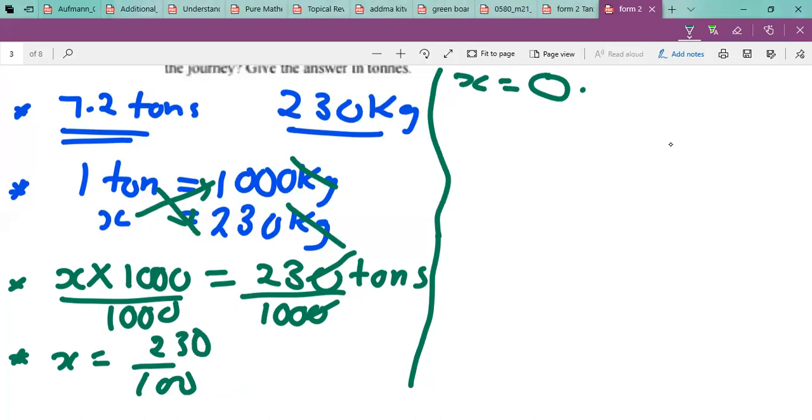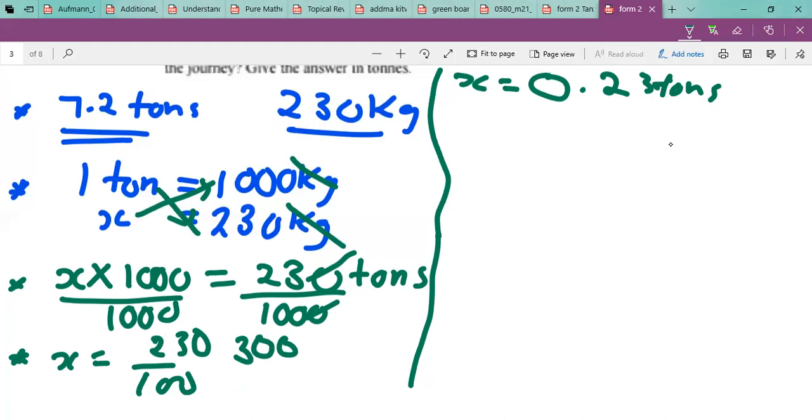So 100 into 230, it is 2. What is your remainder? It is a 30. Add another 0, I've got 300. 100 into 300, it is a 3. But if you're able to do it directly, you can go ahead. So it means 0.23 tons is the one that falls off.